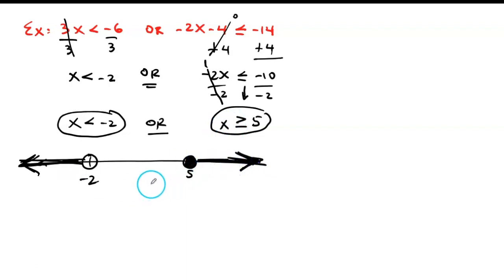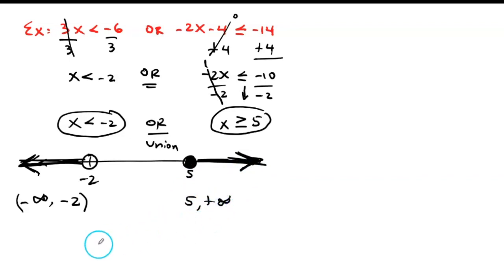So that is the OR graph. In interval notation, remember, an OR is a union. So the interval notation for this goes from -infinity, parenthesis, all the way to -2, parenthesis, because it's not included here. From 5 to the right is positive infinity.